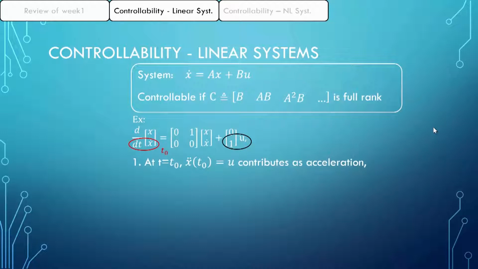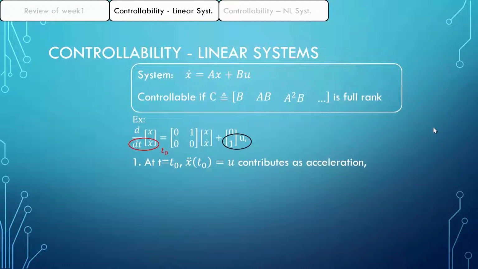So why can this lemma be used to tell the controllability? The reason is, assume that you have U given here, which is coming to the system.